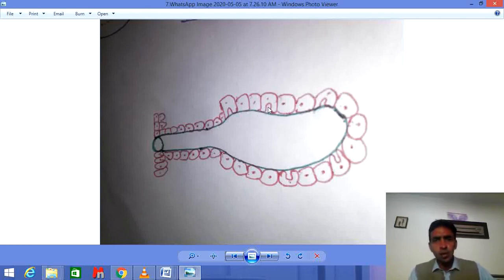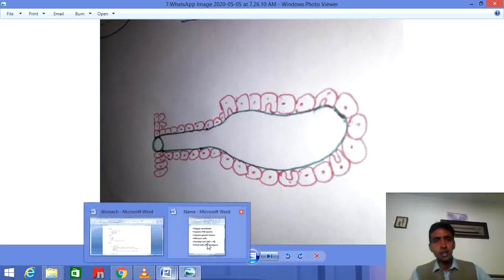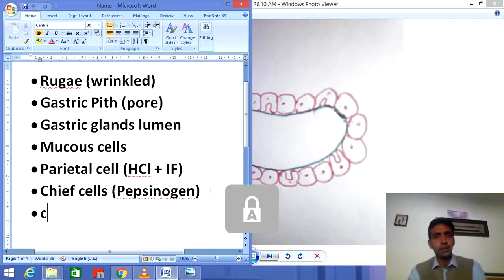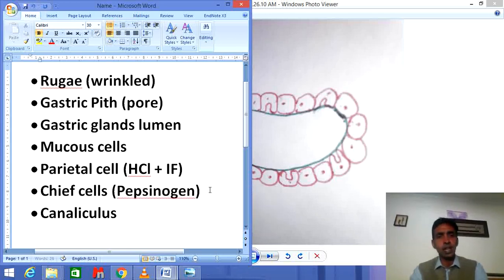The parietal cell is somewhat different from other cells. It has a small cavity, a small canal present in each parietal cell. This canal is called canaliculus, canaliculus is the singular and canaliculi is the plural.